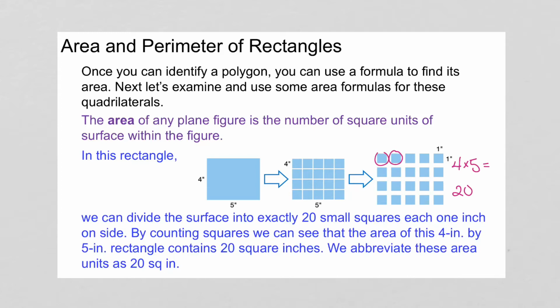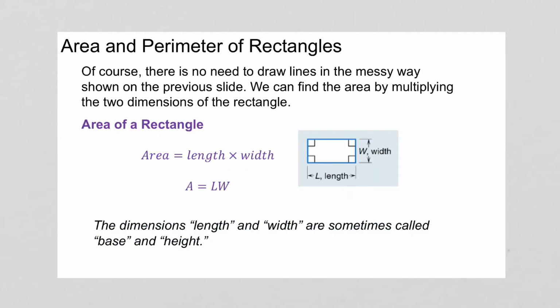So that's why you can find the area of a rectangle by multiplying the length times the width. And there's our formula. And I've made a nice formula sheet for you to be able to look back at anytime during the course.